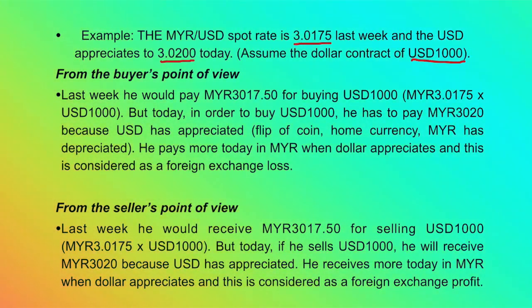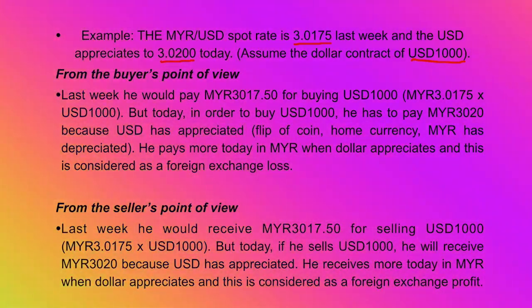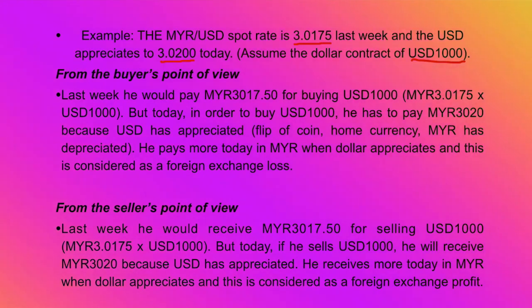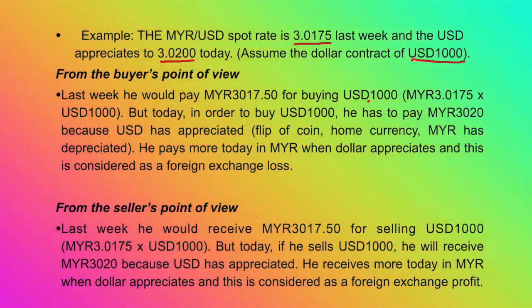From the buyer's point of view, last week he would pay 3,017 ringgit 50 cents for buying 1,000 US dollars. How to get this? Malaysia ringgit 3.0175 times 1,000.